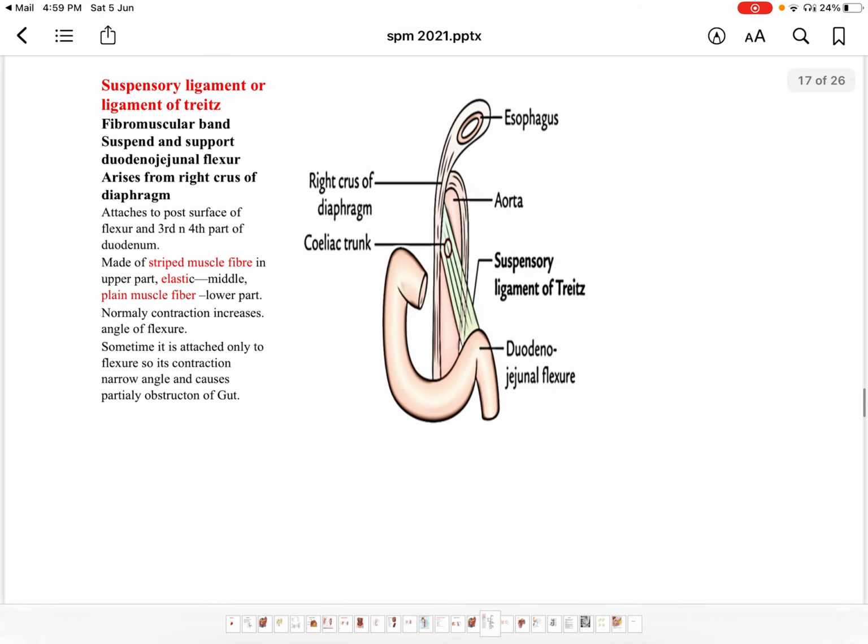Now the suspensory ligament of Treitz. This is also called the ligament of Treitz, and this suspensory ligament of Treitz is a fibromuscular band which suspends the duodenojejunal flexure from the right crus of the diaphragm.